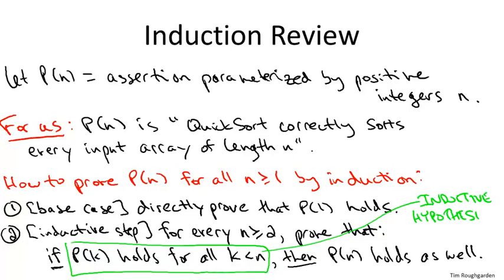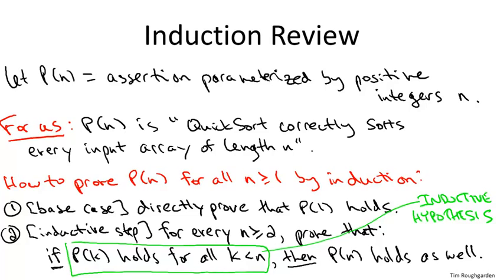So if you manage to complete both of these steps, if you prove the base case that P(1) holds, you argue that directly, and then also you argue that assuming the inductive hypothesis that the assertion holds for all smaller integers, it also holds for an arbitrary integer n, then you're done. Then in fact, you have proven that the assertion P(n) holds for every single positive integer n. Right?